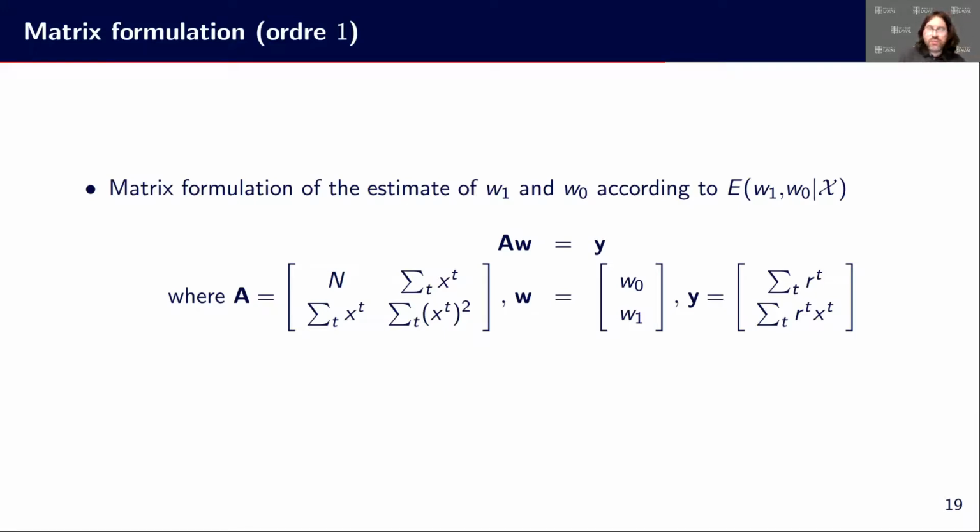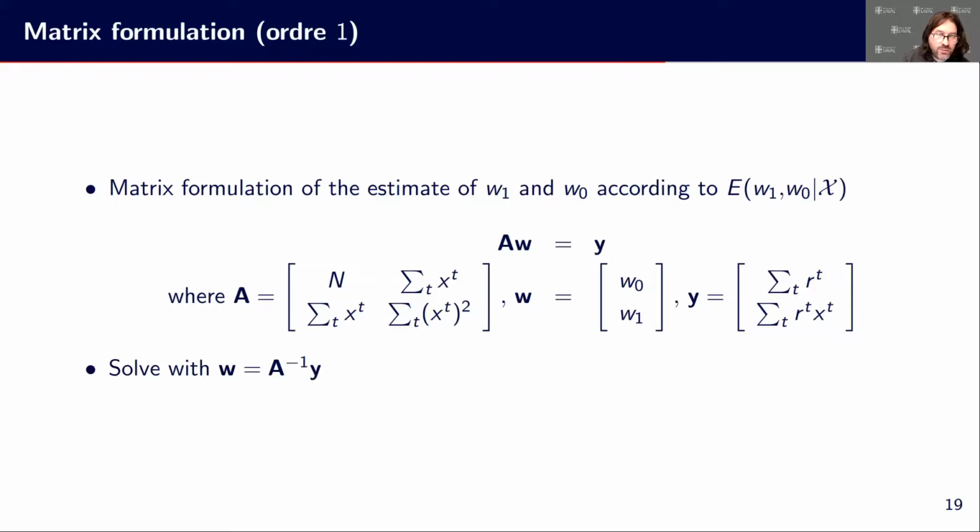So basically, we get that linear system of equations, AW, so matrix A times vector W is equal to vector Y. And we set A, W, and Y as these. This is exactly the same two equations that we had on the slide before.